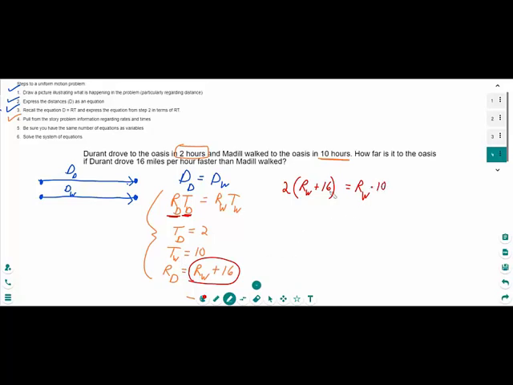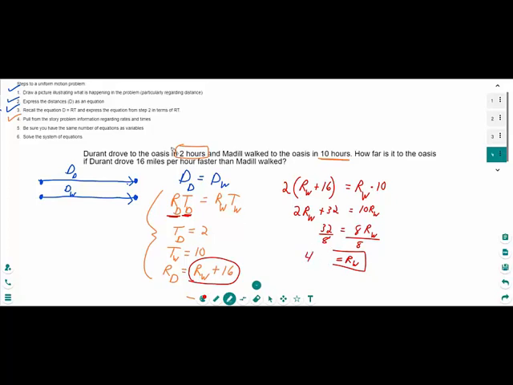Now we just need to do some multiplying here, and we end up with 2R sub W plus 32 is equal to 10R sub W. We can subtract the 2R sub W from both sides and get 8R sub W. Then we can divide both sides by 8, and we end up with R sub W equal to 4. And what would that be? That's the rate. Let's write that in here. The rate is going to be 4.